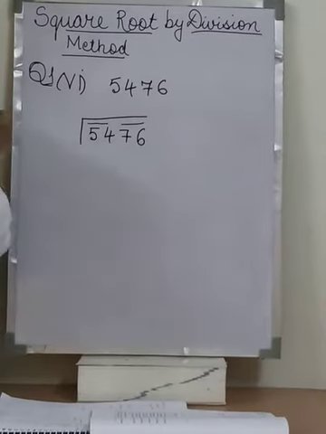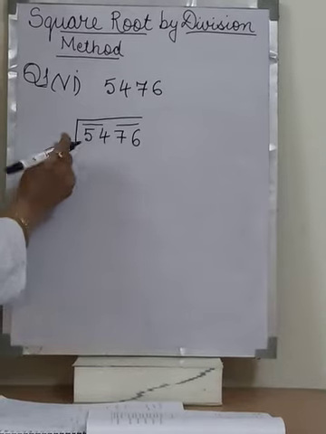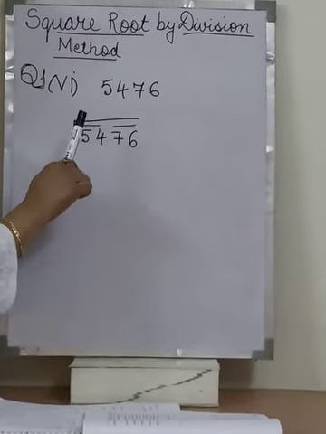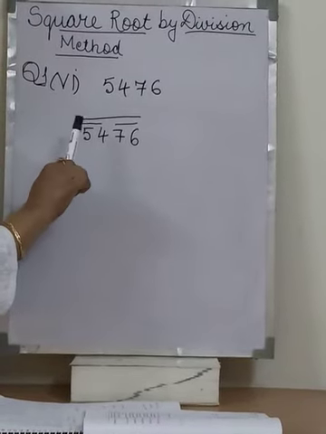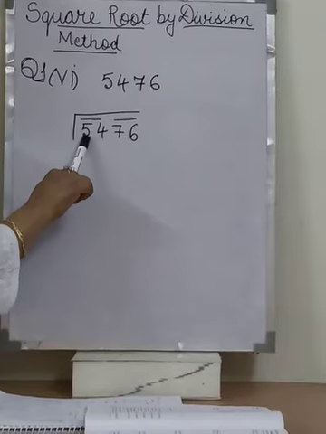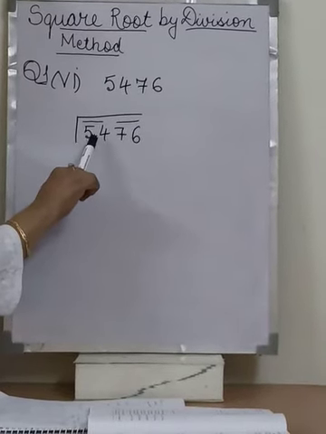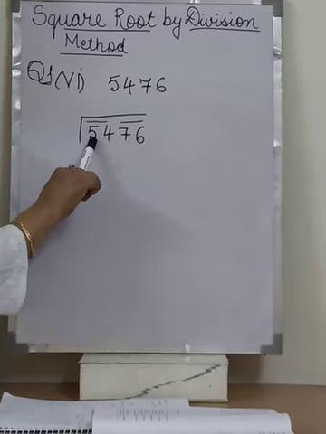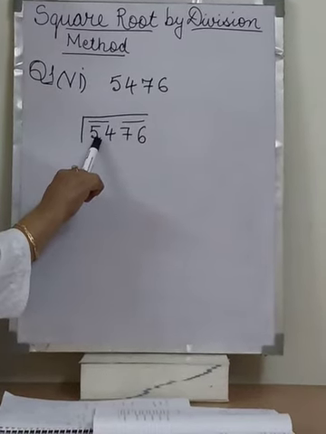Now after pairing, the second thing is we divide with square numbers. Think of any square number which is either 54 or very close to 54. We know 5 5s is 25, very far away. 6 6s is 36, again away. 7 7s is 49 and 8 8s is 64, which is greater than 54, so we cannot take 8 8s.